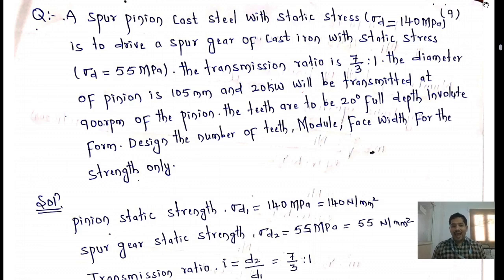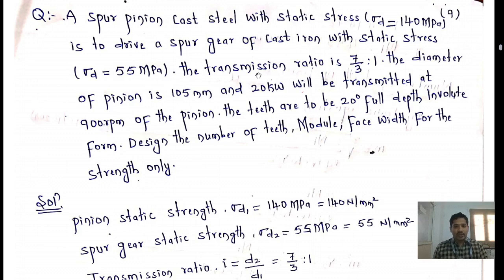This means that the static strength of the pinion is given as 140 megapascal. The spur gear of cast iron has static stress sigma d equal to 55 megapascal. This means that the static strength of the spur gear is given as 55 megapascal.